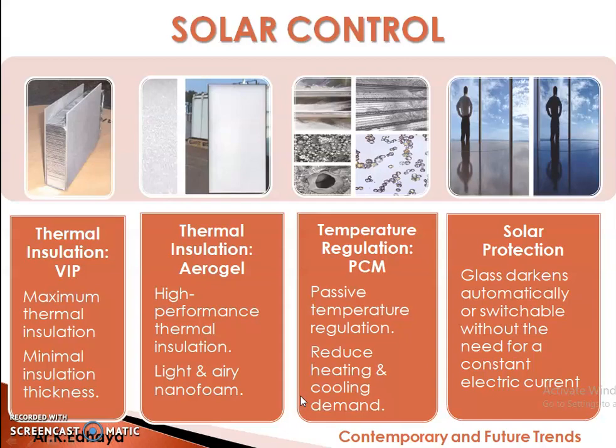So these are vacuum insulation panels. These panels are ideal since they are going to be very, very thin in section. While comparing to the conventional insulation, this is going to have a very good effect.